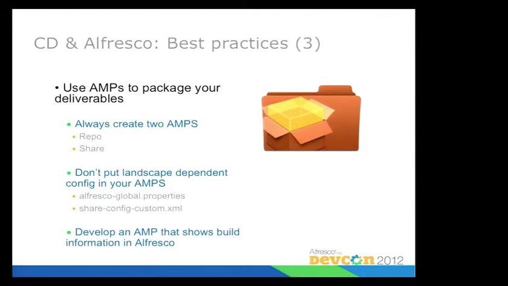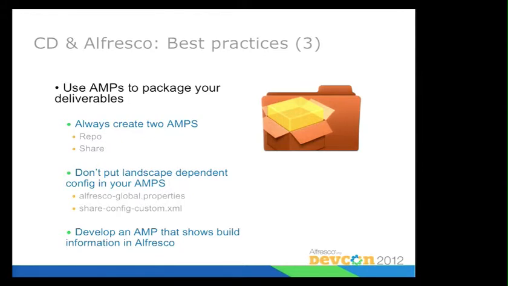So what you should not do in a continuous delivery environment is put your landscape-dependent configuration inside of the AMP. I know this has been recommended otherwise in a couple of forum and blog posts, so that you put everything inside of the AMP. But you're going to deploy in various landscapes.